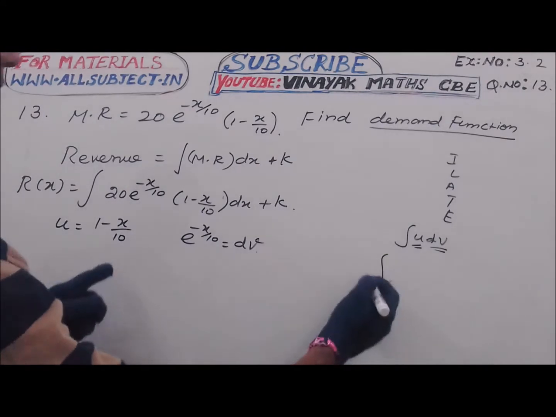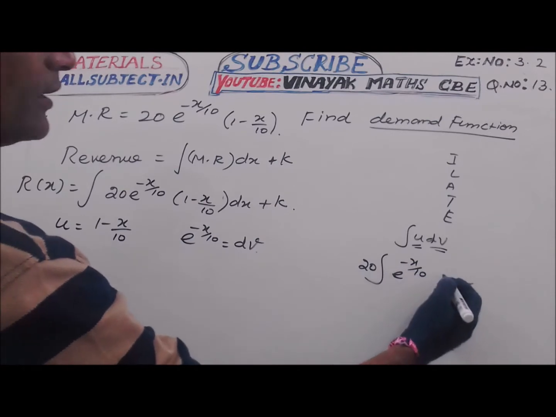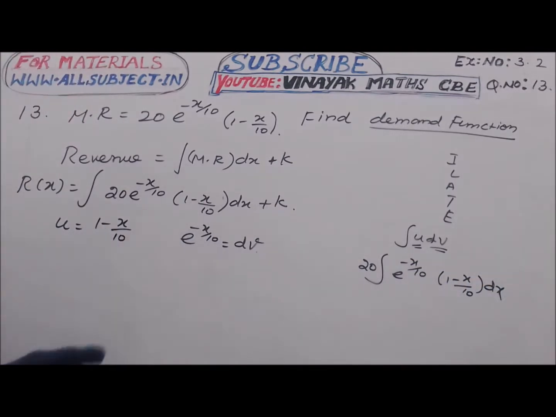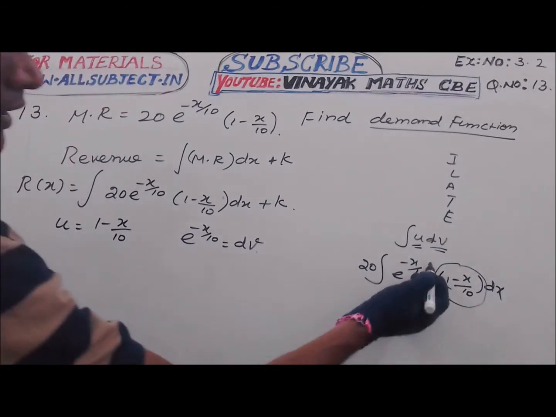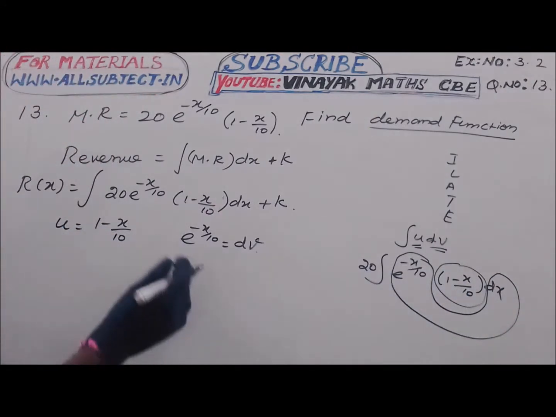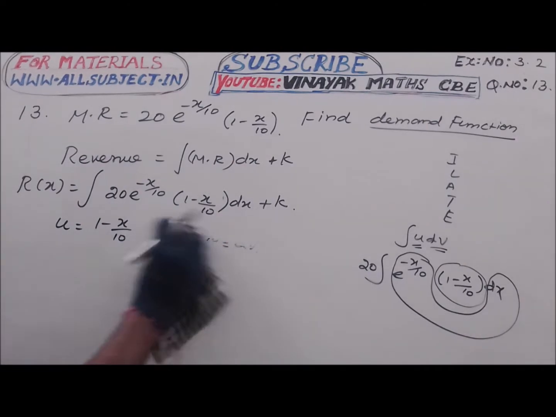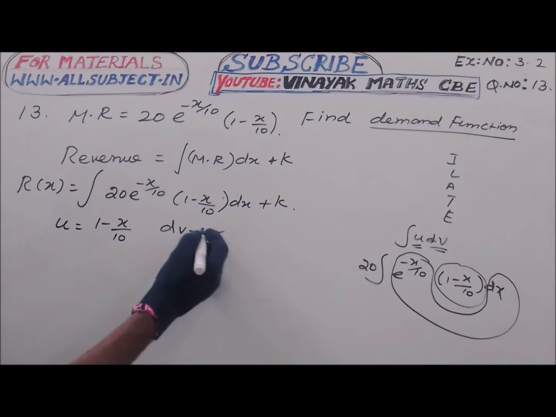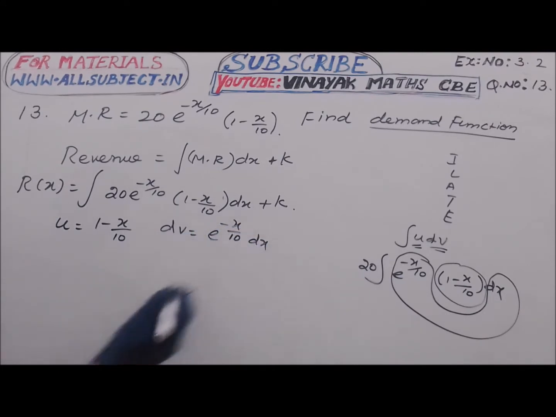So we have 20 into the integral of e to the power minus x by 10 times 1 minus x by 10 dx. Here dv equals e power minus x by 10 dx.